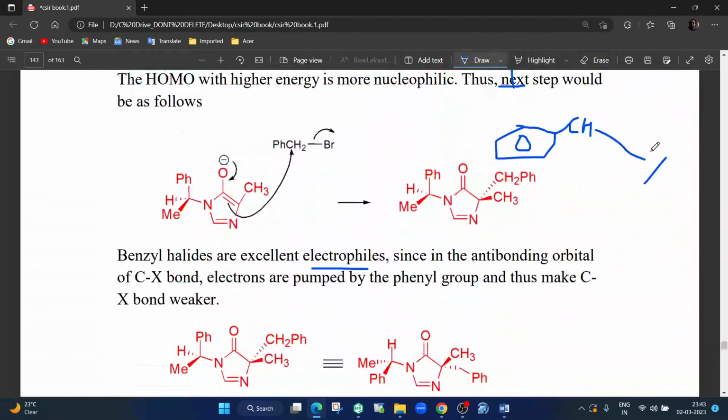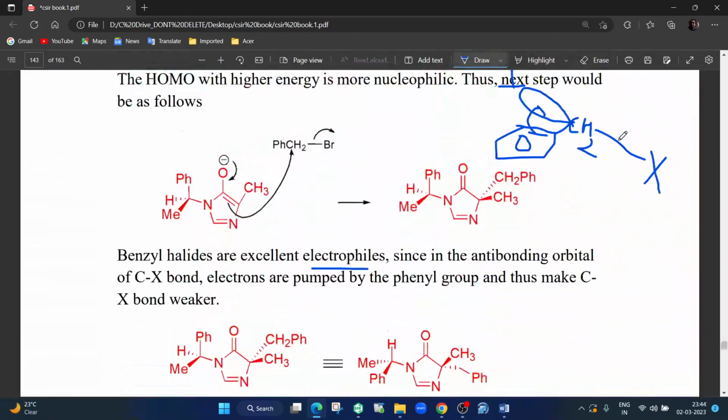Now the C-X bond is not favorable because X is always chloride or bromide or iodide, here it is bromine. So for carbon-bromine, there is no size matching, bromine is very big in size, therefore the bond is already weak and it has a big anti-bonding lobe. Now because benzene is just next to it, it already pumps electrons into the anti-bonding molecular orbital.